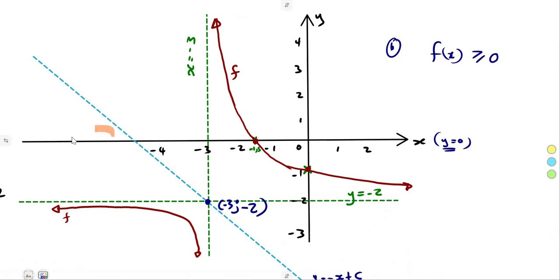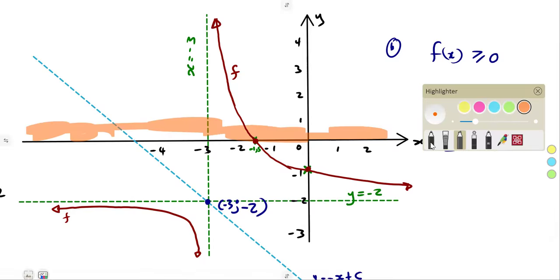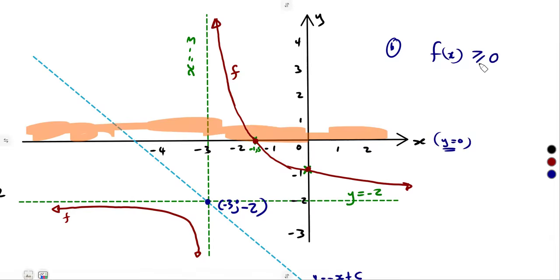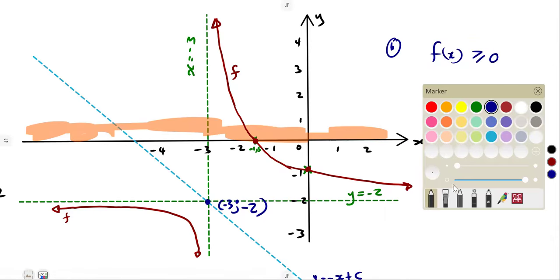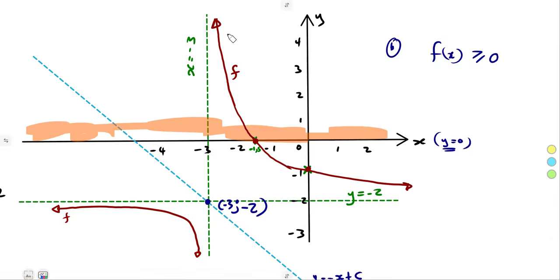We must be above the x-axis. So do we have our f above the x-axis? Yes, we have it. If we check our f from here, from this here up to minus 1,5, it is above the x-axis.